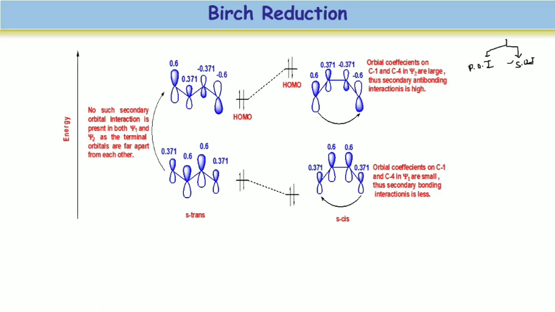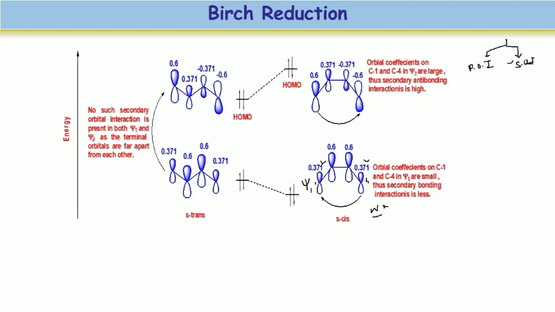Now if you look at psi 1 of S-cis conformation, the orbitals present at carbon 1 and carbon 4 are close to each other and their lobes are matching. As their lobes are matching, they will lead to a secondary bonding interaction, but the extent of interaction is weak because the orbital coefficients on carbon 1 and carbon 4 are small, that is 0.371.